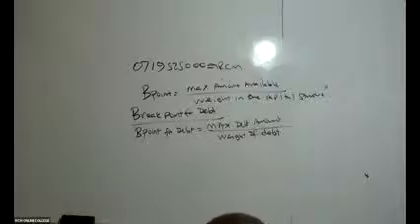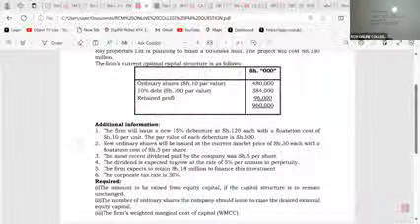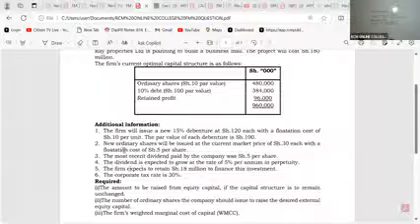The firm will issue new 15% debentures at 120 with a flotation cost of 10. The par value, there is nowhere they are saying something like 100 million is the maximum you can get from debt. There are no restrictions here.